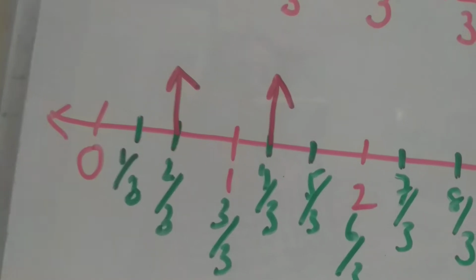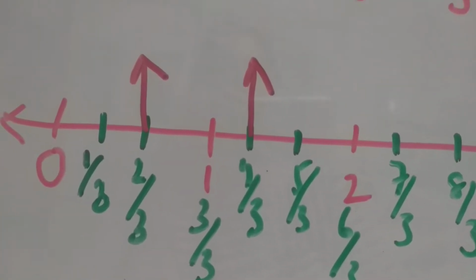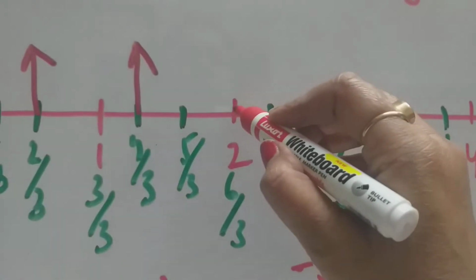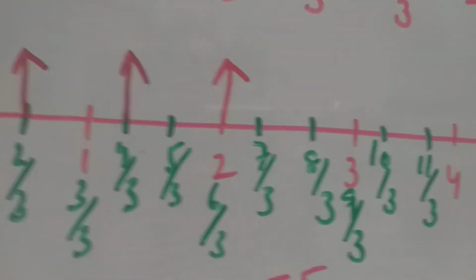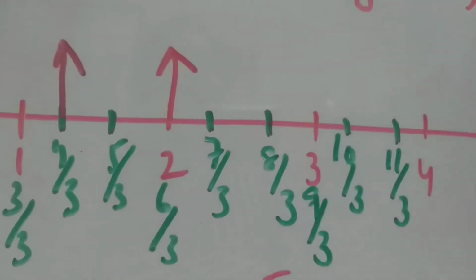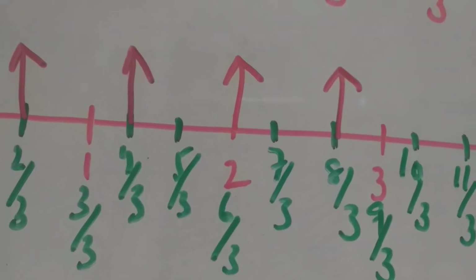This position means 4 upon 3. 6 upon 3 is same as 2. So here lies 2 or 6 upon 3. Next is 8 upon 3. That lies between 2 and 3. So this is 8 upon 3.